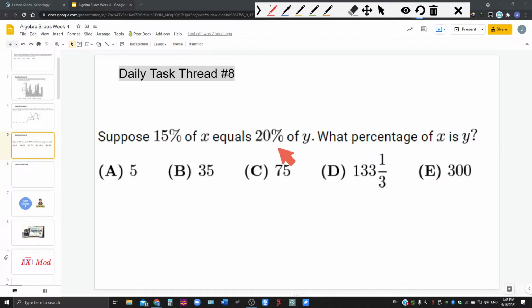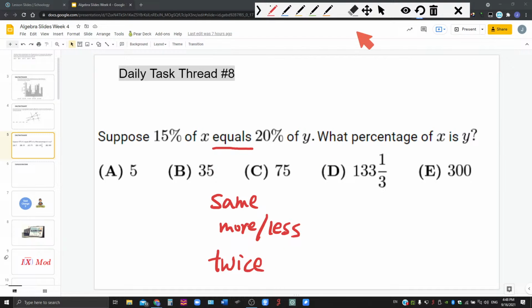When we read the question, we look for some keywords such as equals or same, or more or less than, or things like twice. Now this one tells us equals.